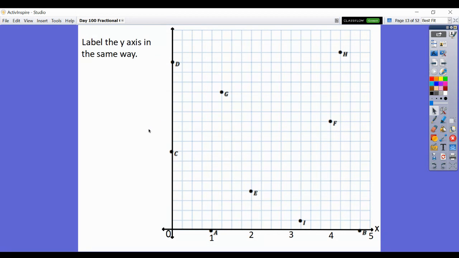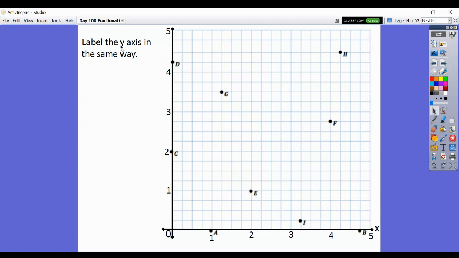Label the y-axis in the same manner. So it would be 1, 2, 3, 4. There's a whole 1. So it would be the same way, and I'll show you here. So 1, 2, 3, 4, 1, 1, 2, 3, 4, 2, and so on and so on. An easy way to remember the y-axis and the x-axis is the following.